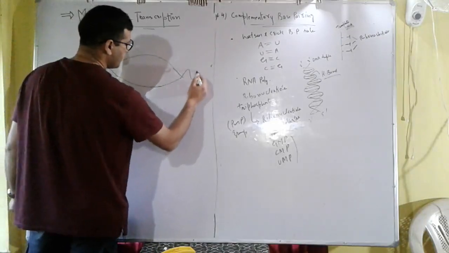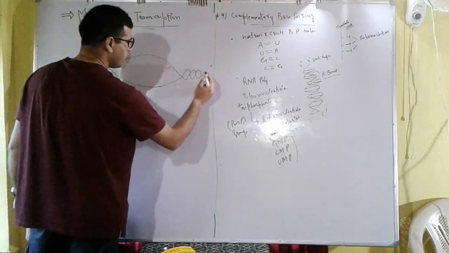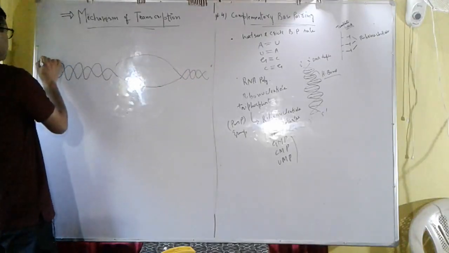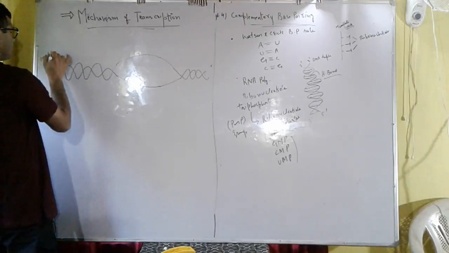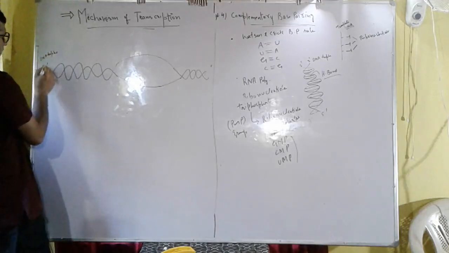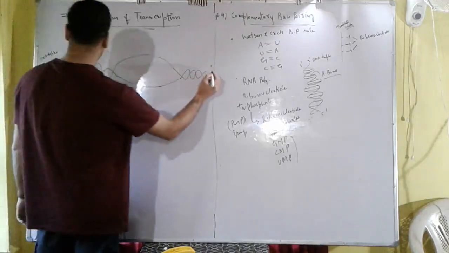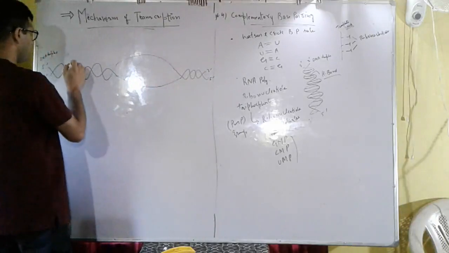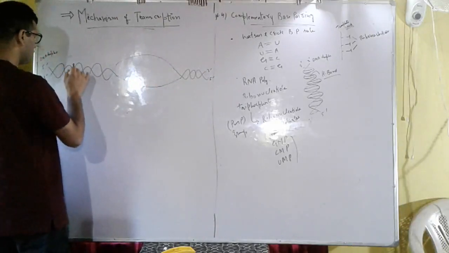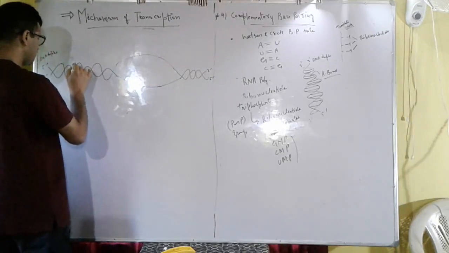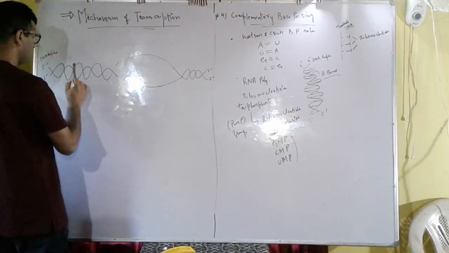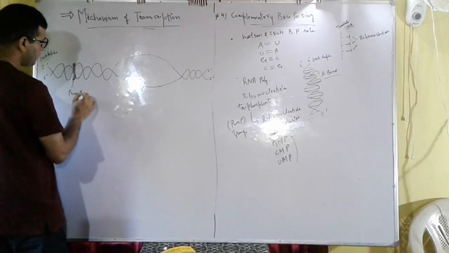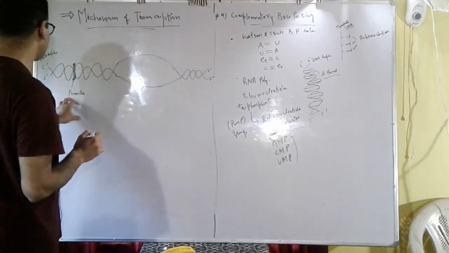This is a DNA duplex. This is, for example, the 5' end, 3' end. This is the 3' end, 5' end. Suppose this is the promoter. This promoter will act as a site where RNA polymerase will bind.